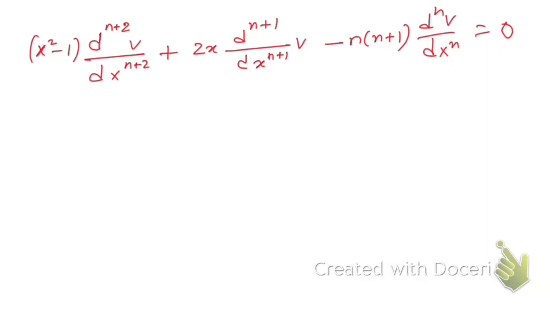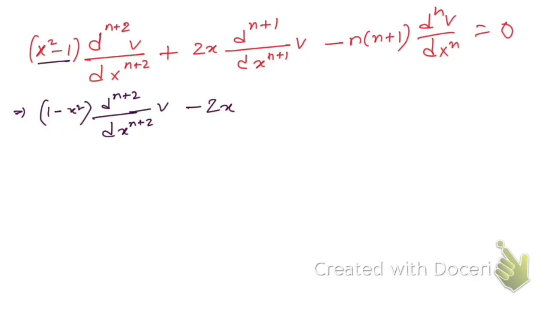Now you see, if we multiply each and every term by minus 1, then we're going to have x square minus 1 become 1 minus x square into n plus 2 order derivative of v. It is minus twice x as it is multiplied by minus 1. Then n plus 1 order derivative of v with respect to x.